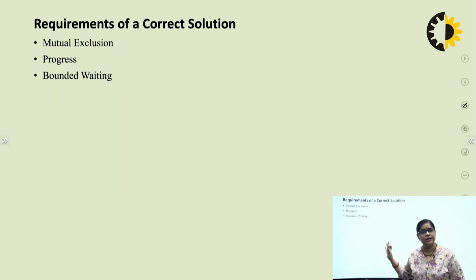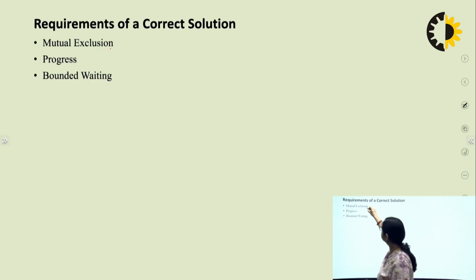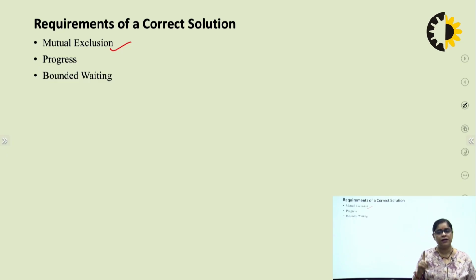These are the three requirements of a correct solution: the first is mutual exclusion, the second is progress, and the third is bounded waiting. I have already explained mutual exclusion: at a time, only one process will enter the critical section.